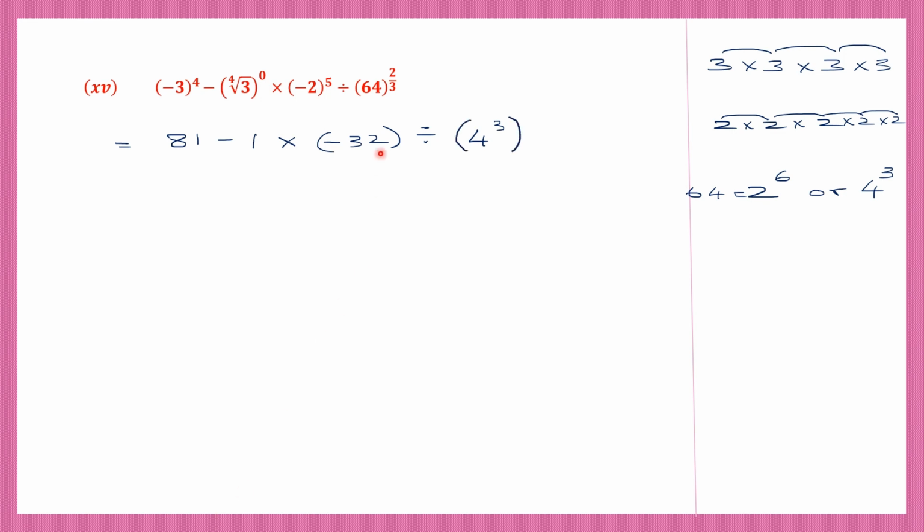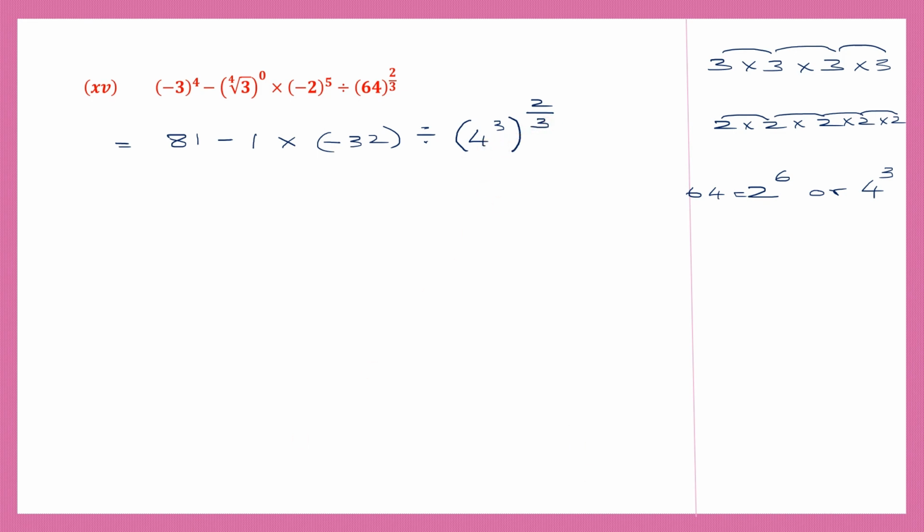I chose it because here in my power I have 2 by 3 and this 3 and this 3 will get cancelled. So to make it easier, instead of writing 2 to the power of 6, I have put 4 to the power of 3. Like I said earlier, you should remember all these so that you can quickly apply it. So this whole thing is now raised to the power of 2 by 3, and we can apply the power law and multiply these two.